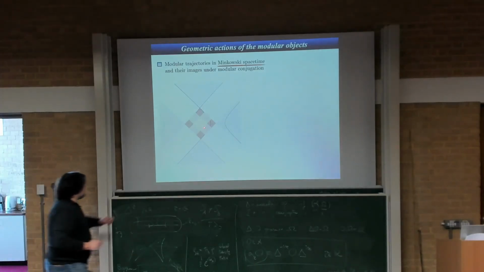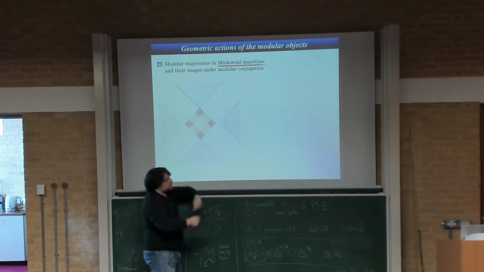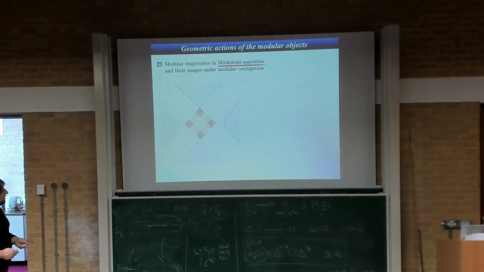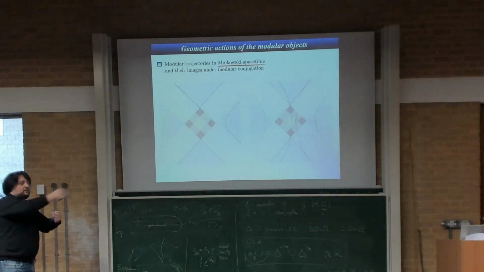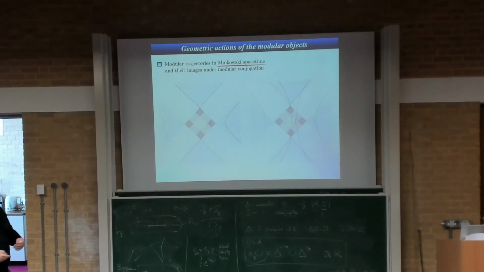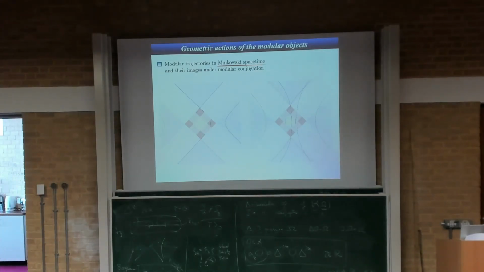Here I cheat a little bit, because from the map it seems that this part becomes complex, and I don't know what to do with it. But this part goes here, this part goes here, this part goes here. And the green part goes to this one. There is a plus i B, just a phase to cancel out, so there is a constant imaginary part, but the real part spans an entire Minkowski.